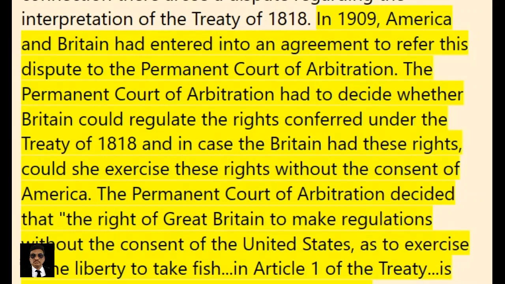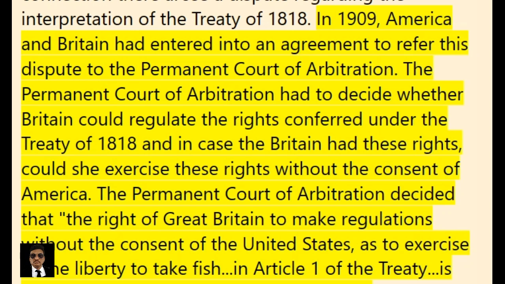In 1909, America and Britain entered into an agreement to refer this dispute to the Permanent Court of Arbitration. The Permanent Court of Arbitration had to decide whether Britain could regulate the rights conferred under the Treaty of 1818 and, in case Britain had these rights, could she exercise these rights without the consent of America?